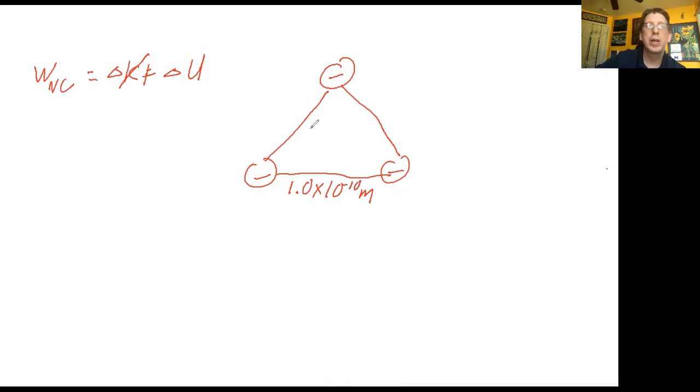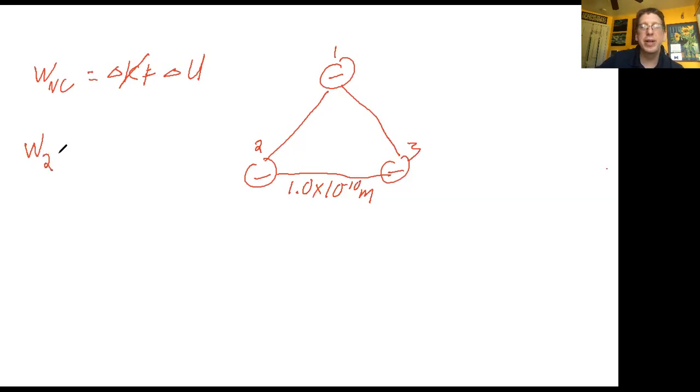So we'll assume that the electron at point 1 was there to begin with. And so that we're holding that in place. So we're not doing any work to hold it in place. But we are going to do work to bring point 2 from an infinite distance away, or from an approximately infinite distance away, to where it's 1.0 times 10 to the negative 10 meters away from 1.